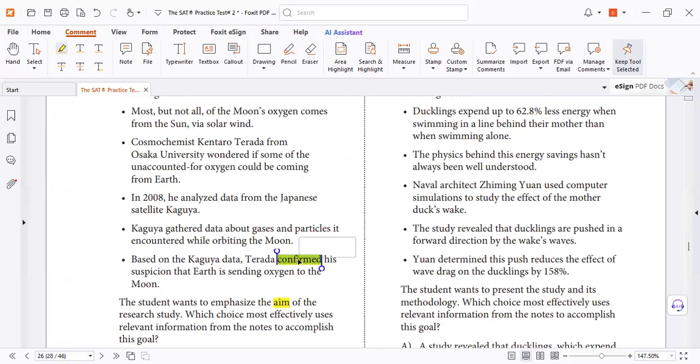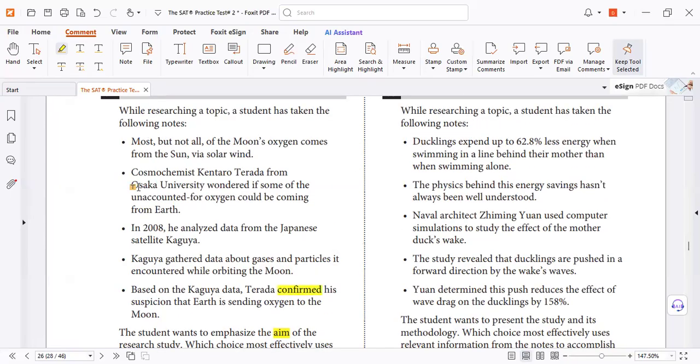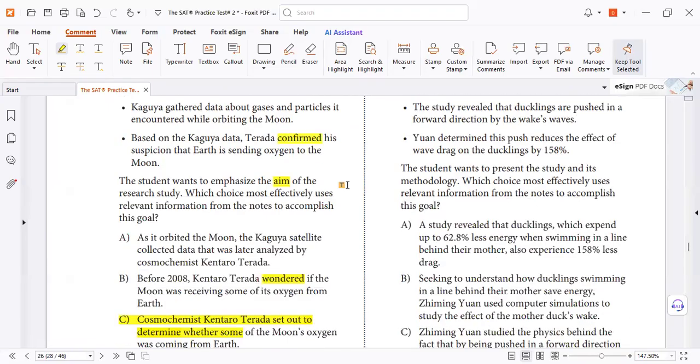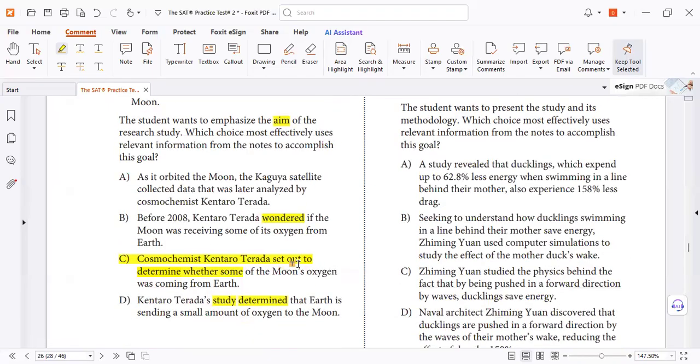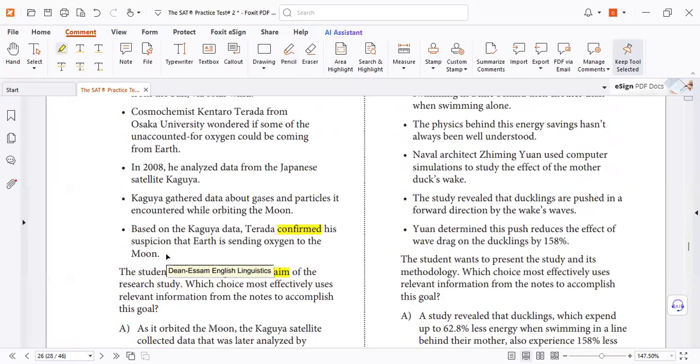Here for the conclusion, we need the aim. So the aim must be at the beginning. Feel it? Correct. So it was set out to determine whether, so it's letter C, correct. Right.